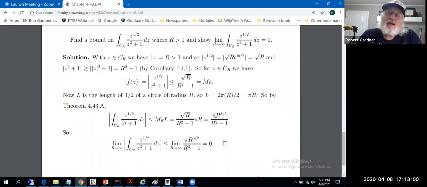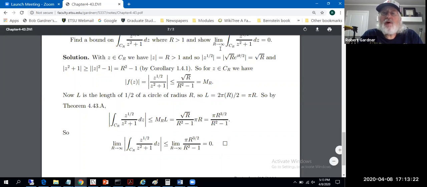Simplifying a little bit, that gives us pi r to the 3/2 over r squared minus 1. All the r stuff is just real numbers. Don't freak out about branches of the 3/2 power function or something like that. We're in the real setting at this point, at least. Okay, so there's your bound that they wanted, first off.